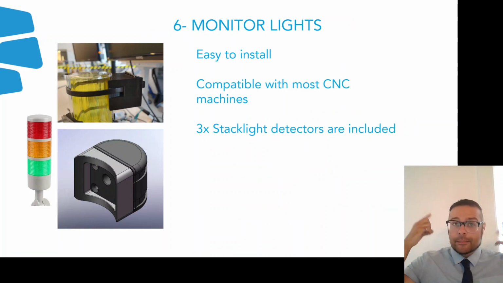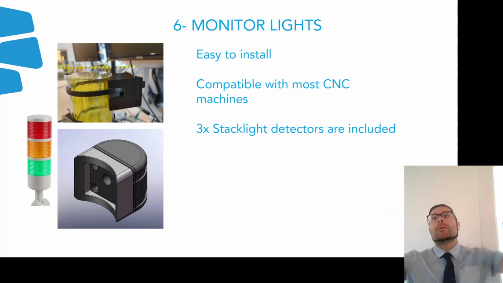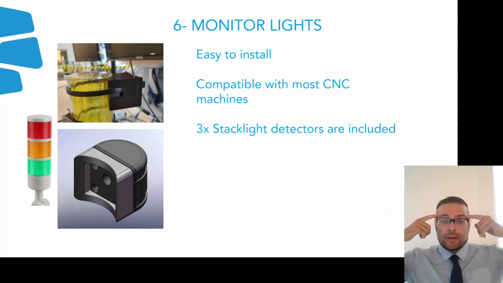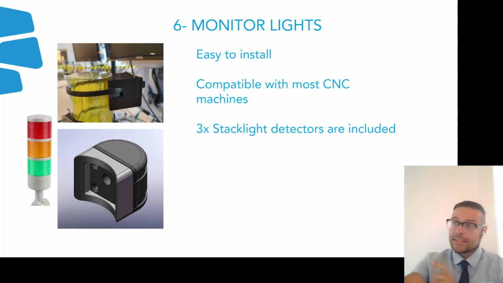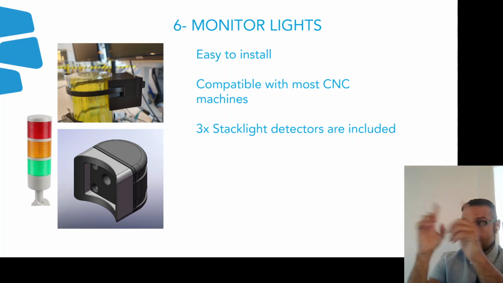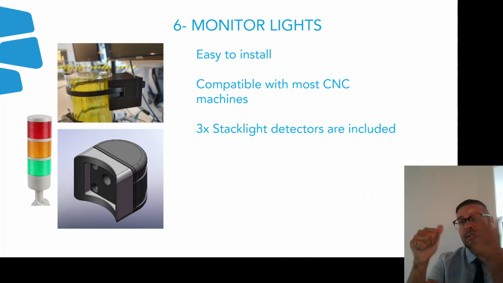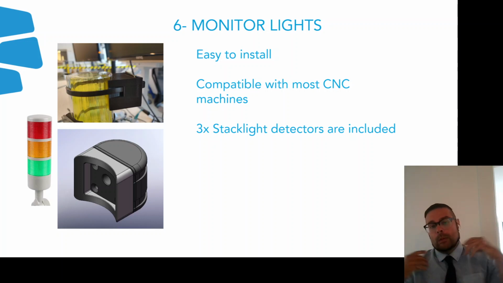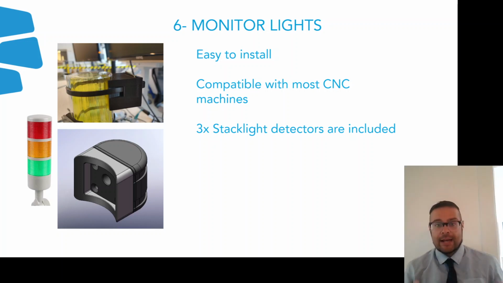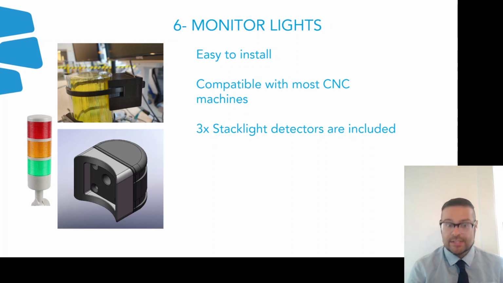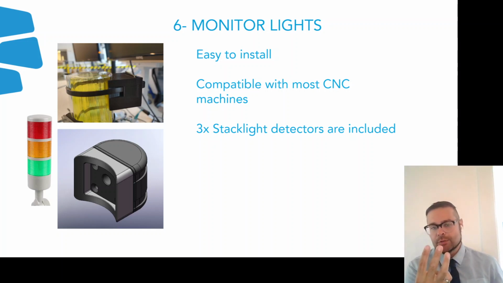And then again, we are putting the robot in the mind of an operator. So the operator would typically look at the stack light to see that the cycle is started or finished. So again, we have stack light monitoring. So we have stack light detectors. 3 of them are included.